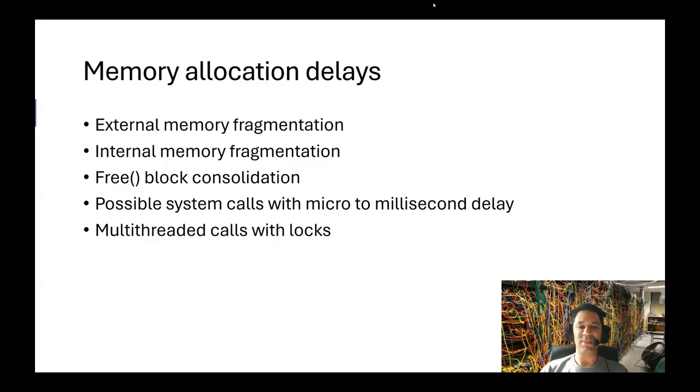As I said, free block consolidation: the blocks need to be moved, sometimes many times, until you find a continuous enough piece of memory to give to your application. And you have other system calls that interact with the memory, which can give you microsecond and millisecond delays.